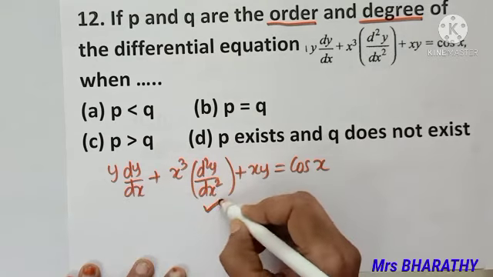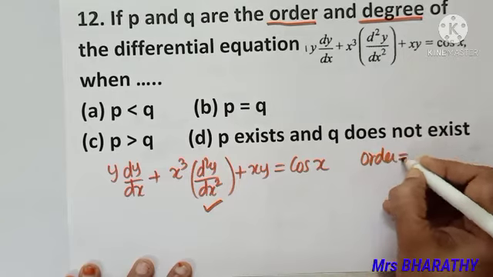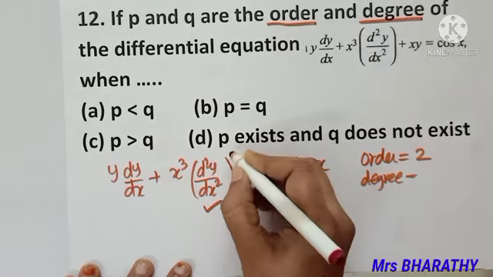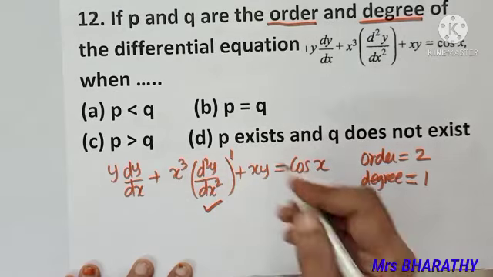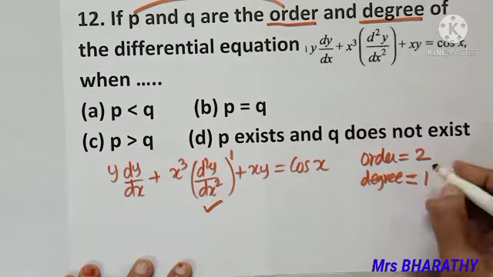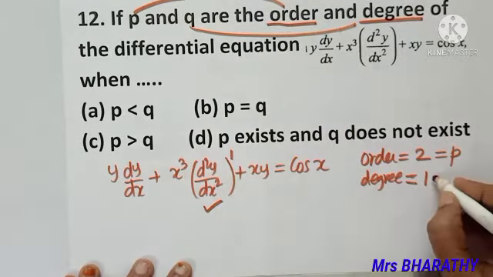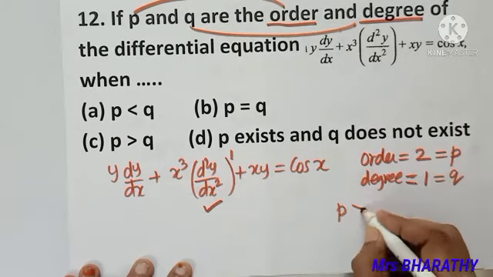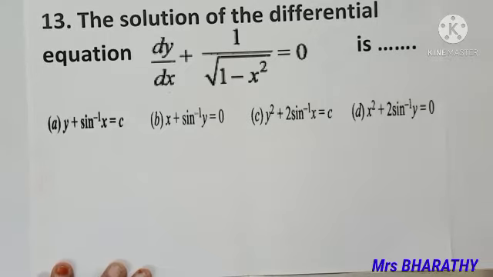Order, as I choose the highest order, is 2. Degree, the whole power, nothing tells me, is 1. Given P is the order, so 2 is P, and Q is the degree, so 1 is Q. As I look at it, P is greater than Q, so option C is the right choice.